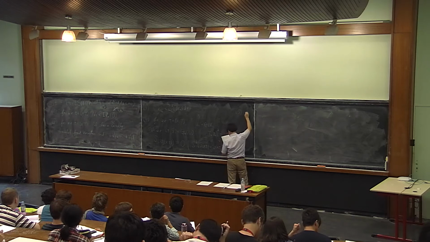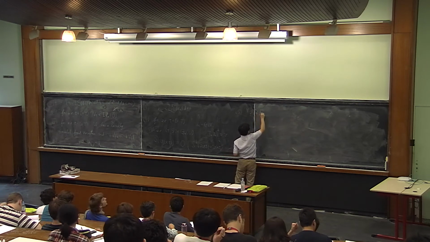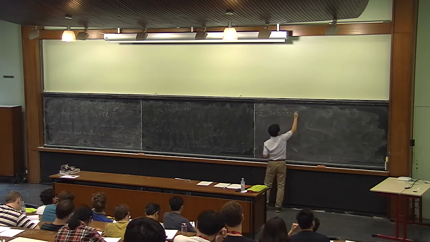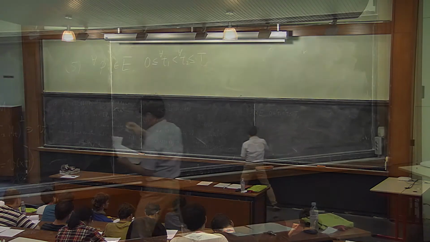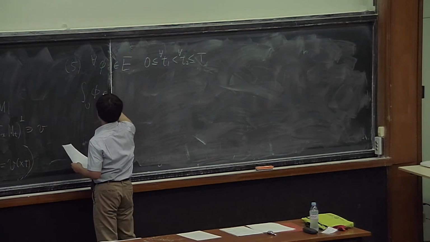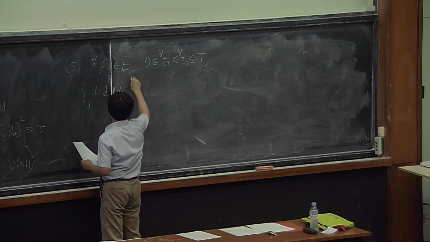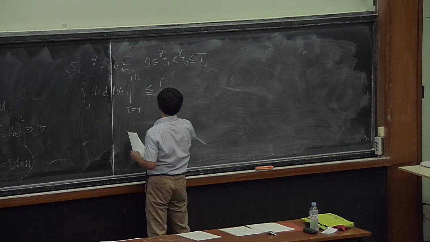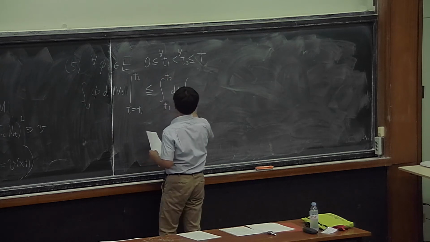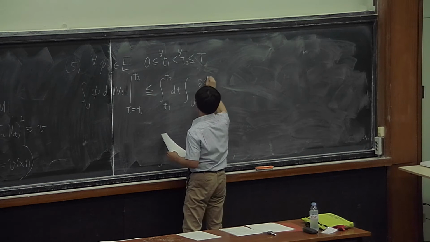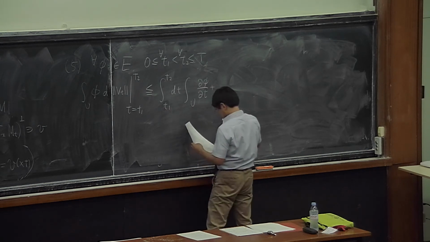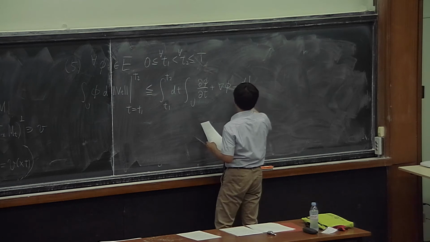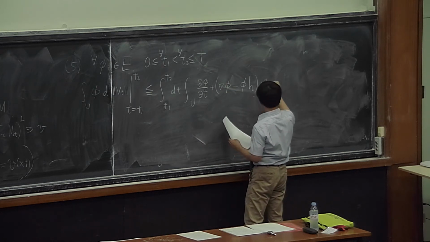Okay, so for all phi and for all time T1, T2, we have this inequality that the integral of phi dVt, where t is from T1 to T2, is less than or equal to the integral from T1 to T2 dt, and the same thing, d phi dt plus nabla phi, okay, let me put this together, phi h dot v dVt.